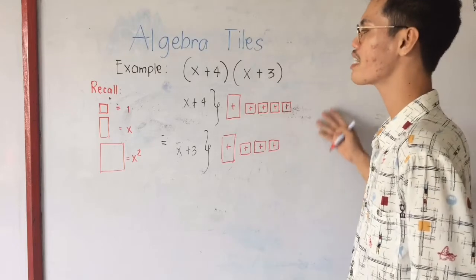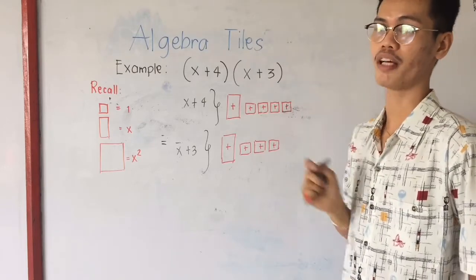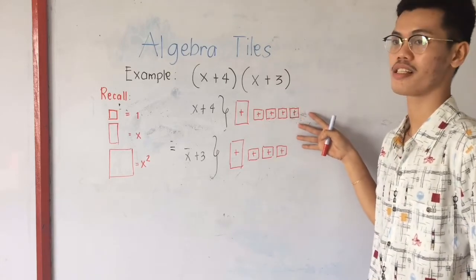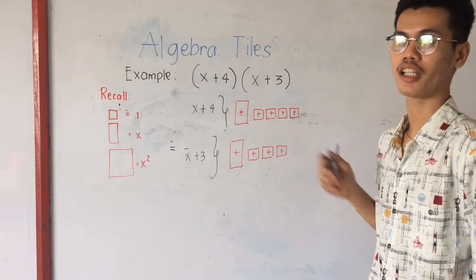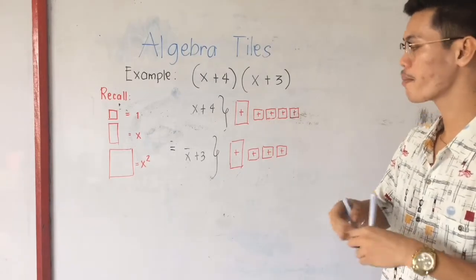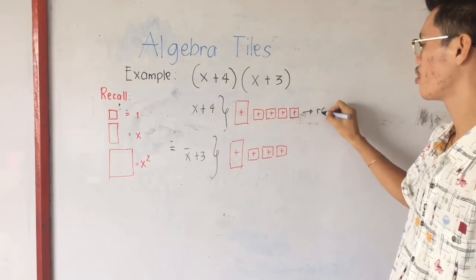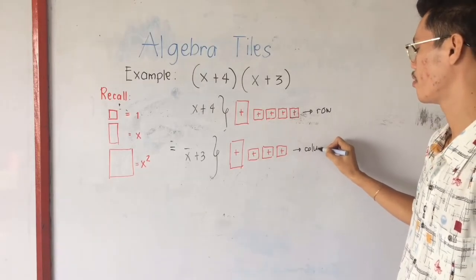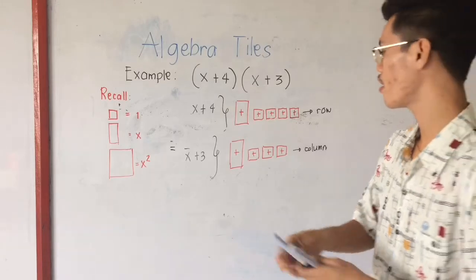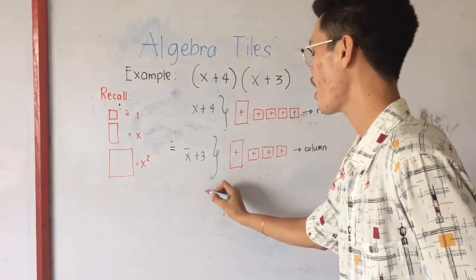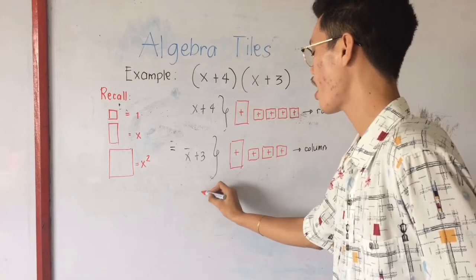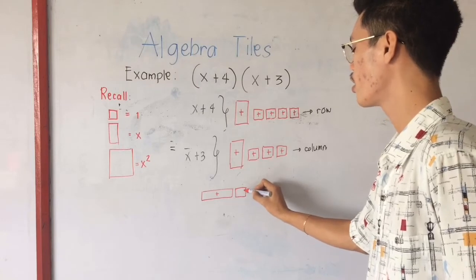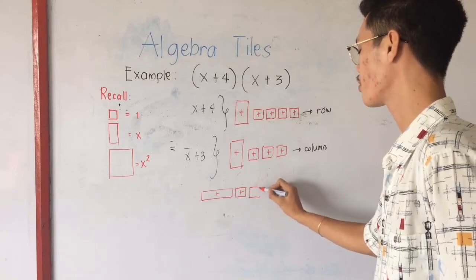So after illustrating your given problem, we will now arrange your algebra tiles in row and column. So let's say x plus 4 is in row and x plus 3 is in column. So we have to arrange it. In the row, we have x plus 4: a rectangle, positive, and there are 4 small squares.